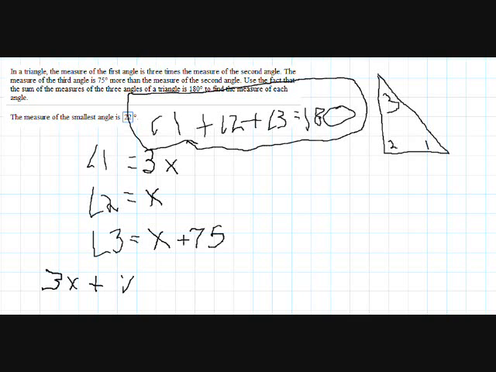Angle 3 is x plus 75. And that's all equal to 180. When you combine this together, you end up with 5x plus 75 is equal to 180.